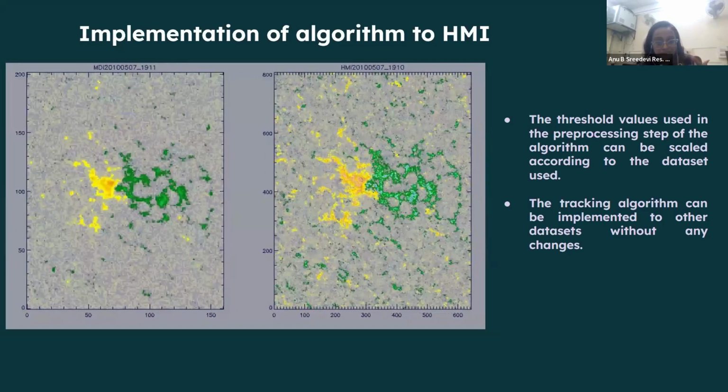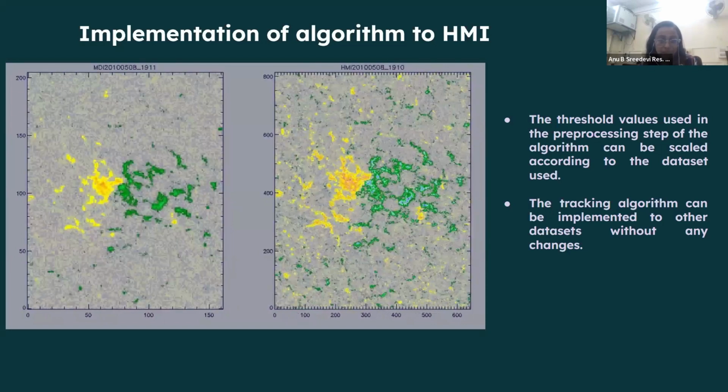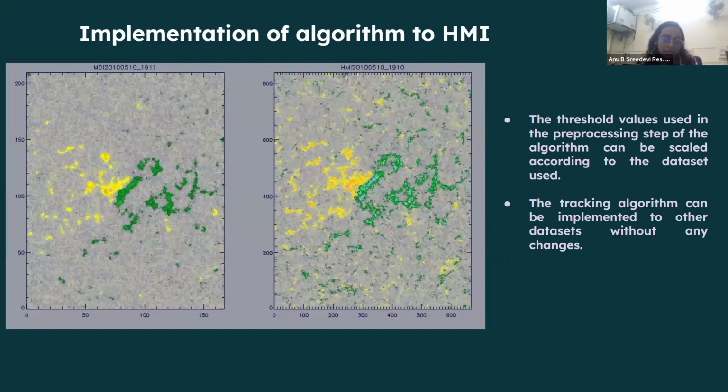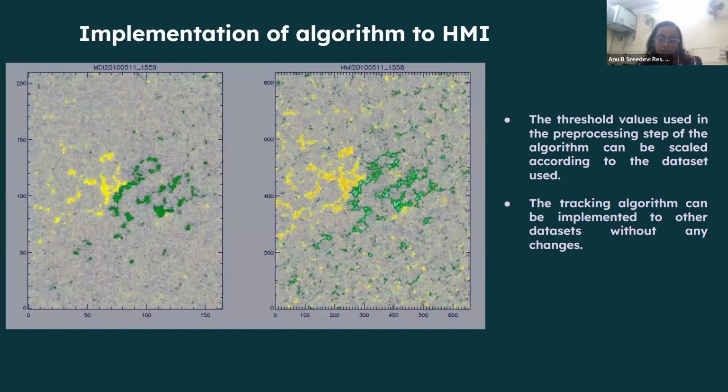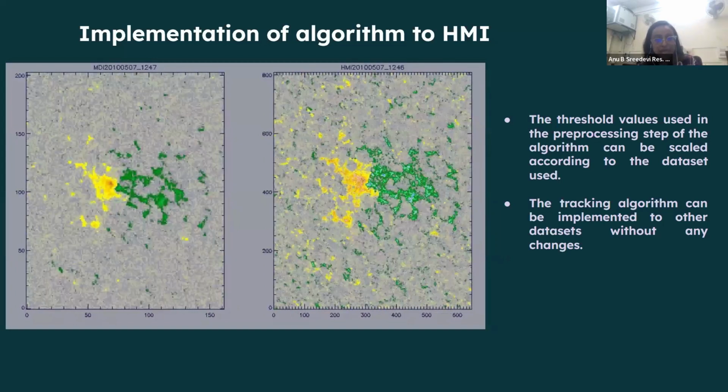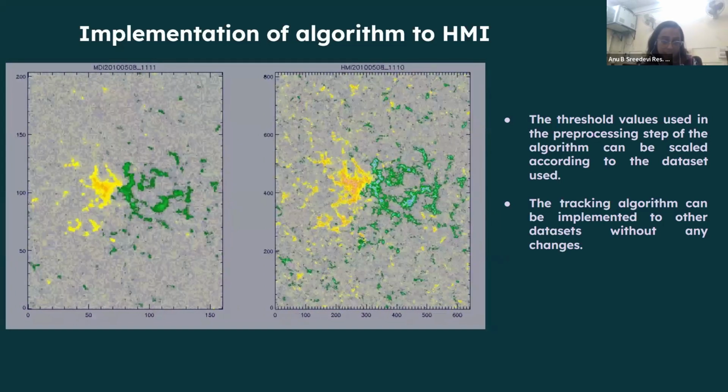The pre-processing steps can be scaled accordingly. And in HMI again we use 96-minute cadence data only.